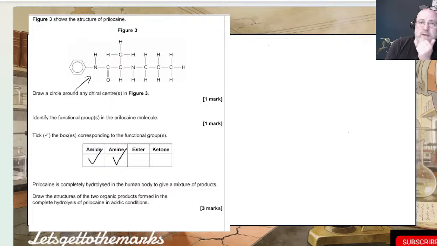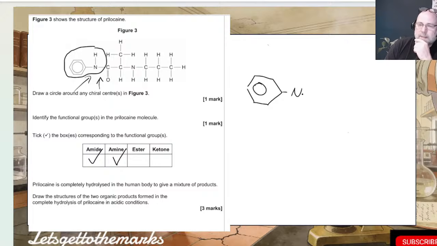So what we're going to do, we're just going to split that, and we're going to add back in. Now, if it was base hydrolysis, we wouldn't have this. But this is acid hydrolysis.